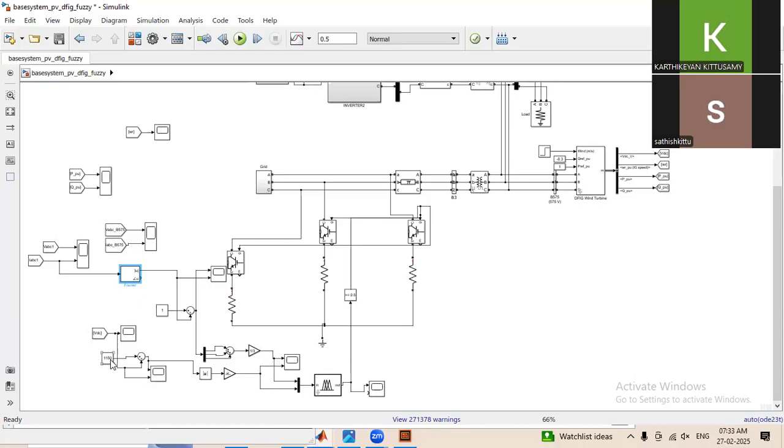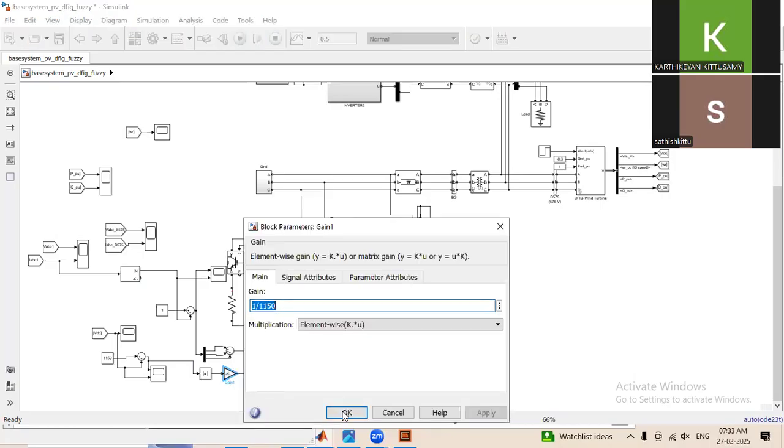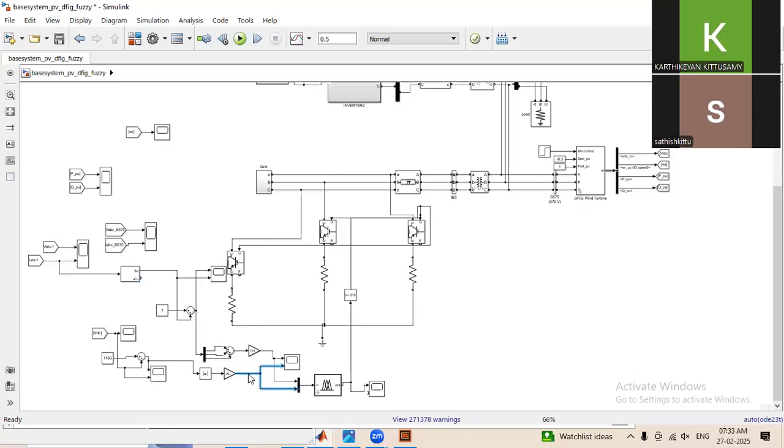Similarly, here DC link nominal voltage is 1150, that is compared with the DC link voltage, and the error is provided here. It is converted into per unit, that is 1 by nominal voltage. We will get the per unit error here, and that per unit error is given to the fuzzy controller.